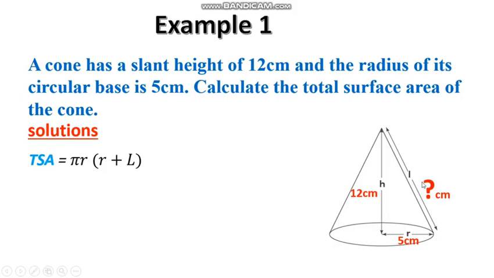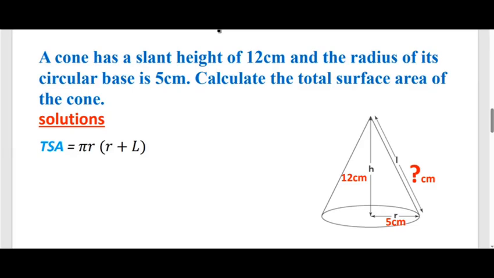So first we need to start by finding the slant height by considering this as a right angled triangle, because this slant height is the longest side of the right angle triangle. So this will be our hypotenuse. So we are going to add these two adjacent sides by squaring them and we find the hypotenuse. So we can now find our slant height right here.